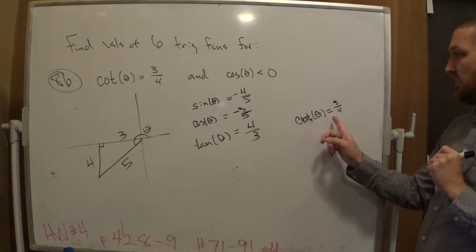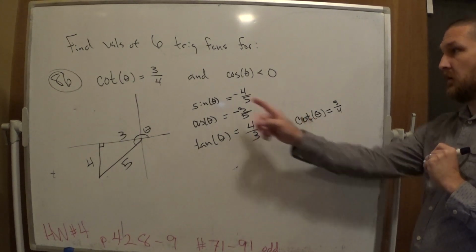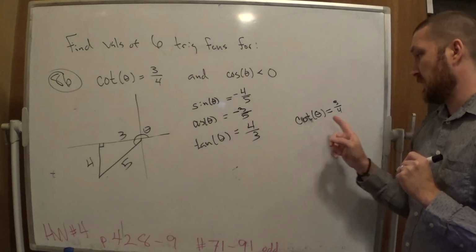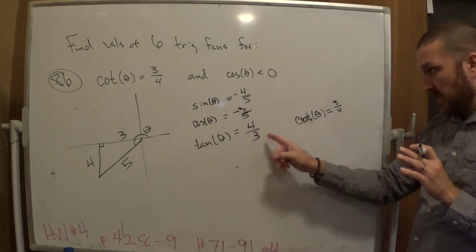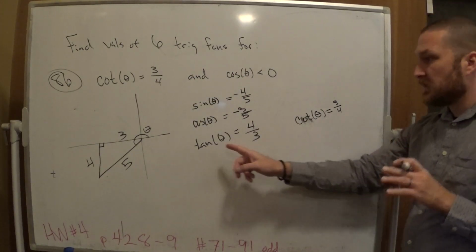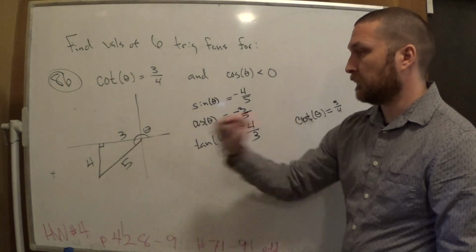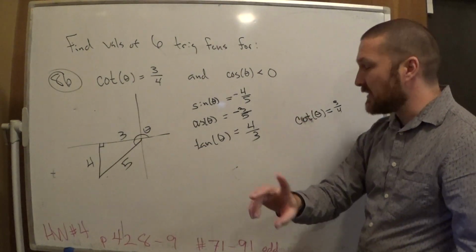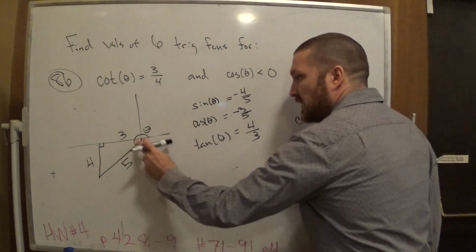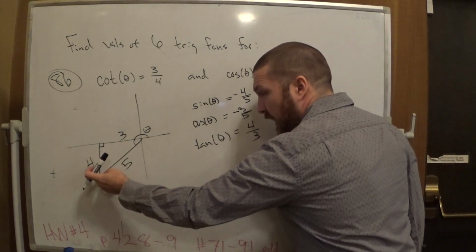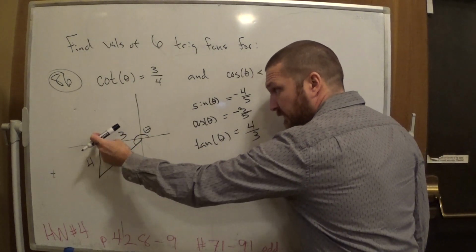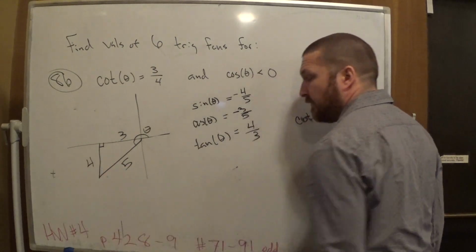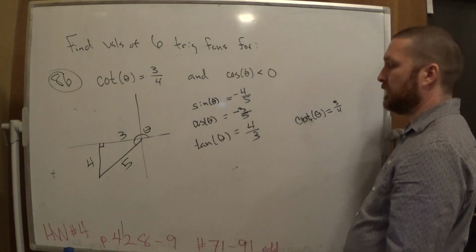And so there's two ways of checking now. Okay, so that's what it should be. Does that agree with this? Does that agree with this? Yeah, it does, right? Because cotan is adjacent over opposite, negative 3 over negative 4, so it is positive.